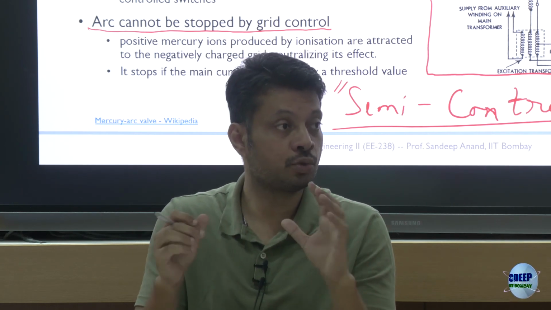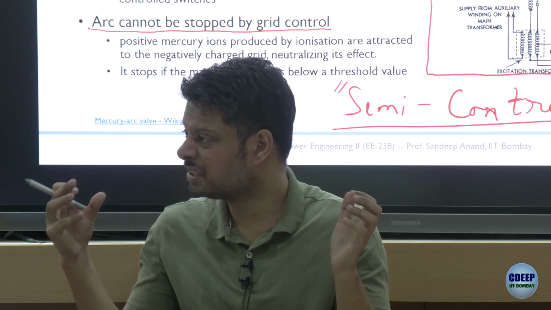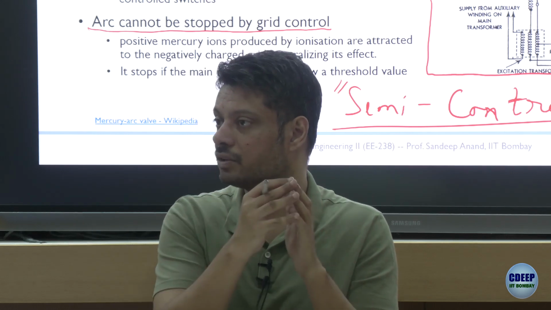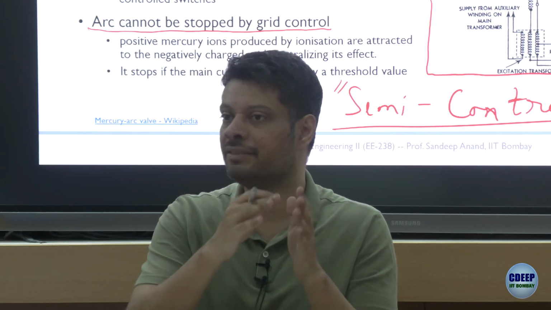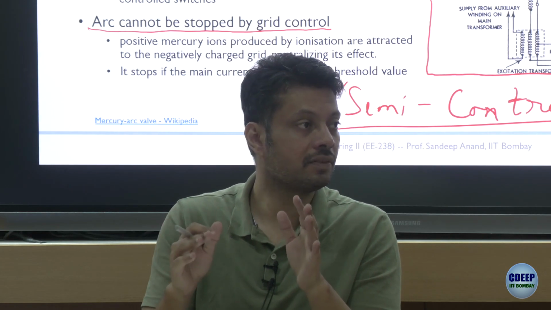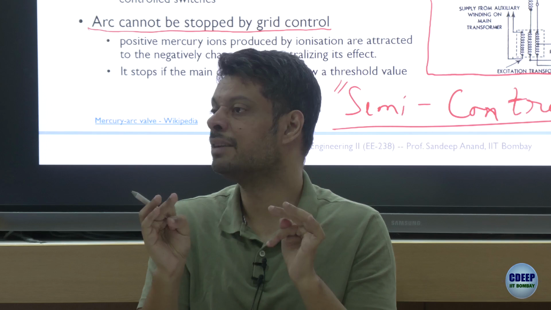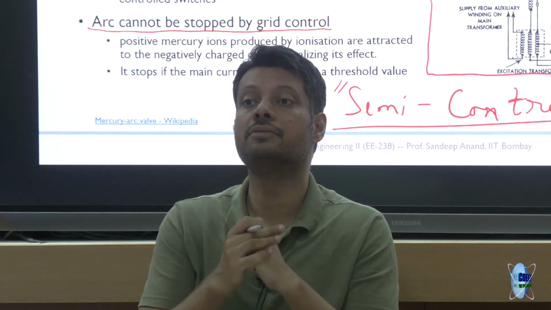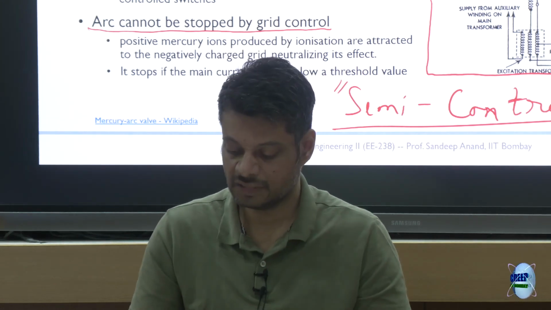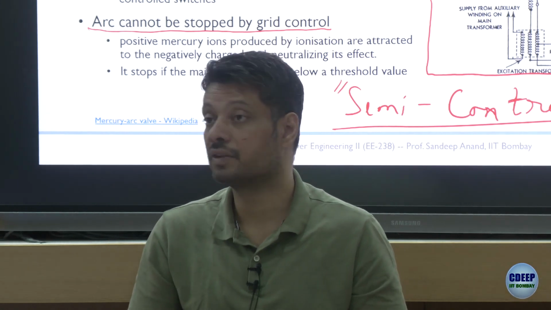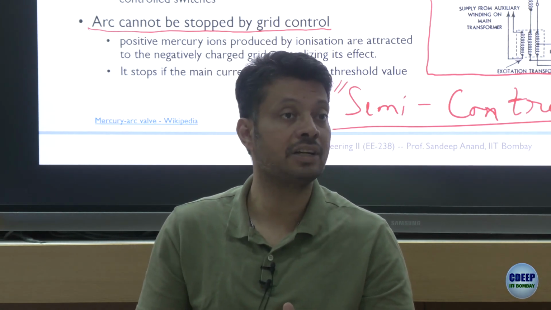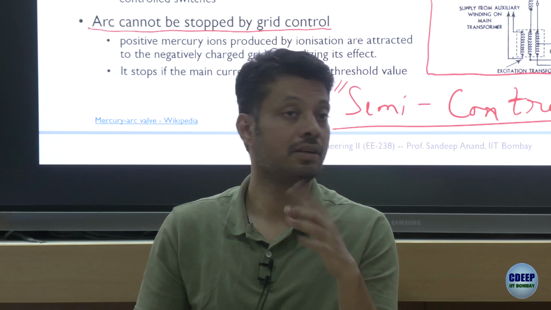Giving a negative voltage to the grid will not make any sense because now there is a huge arc, a huge flow of electrons, right. It will turn off only when the anode to cathode voltage becomes negative, right? Do you all remember that? Anyone who wants me to repeat this part? And that's the reason we call it semi-controlled, because you can turn it on, you cannot turn it off.